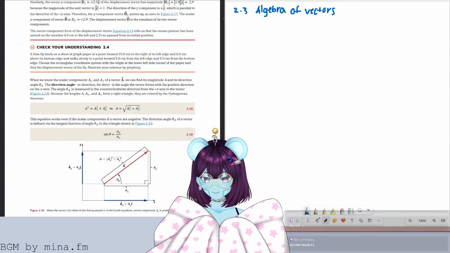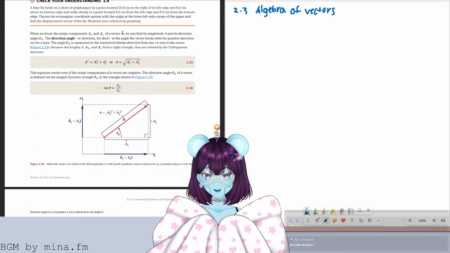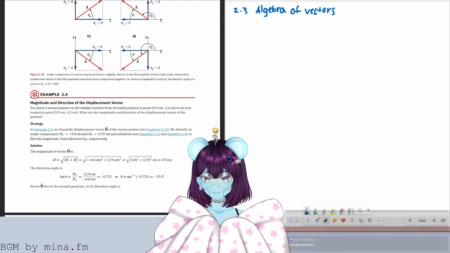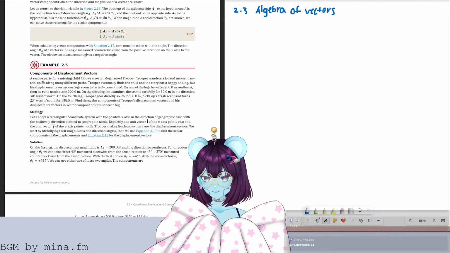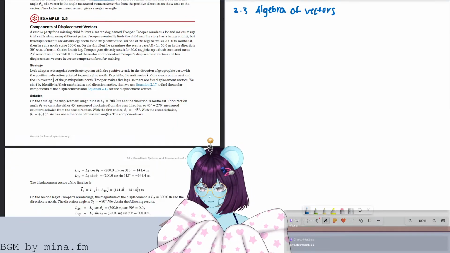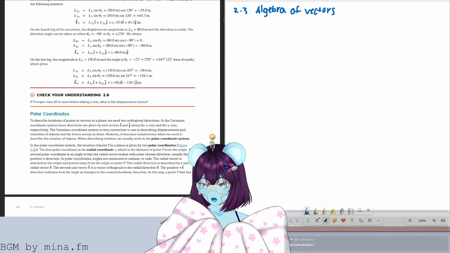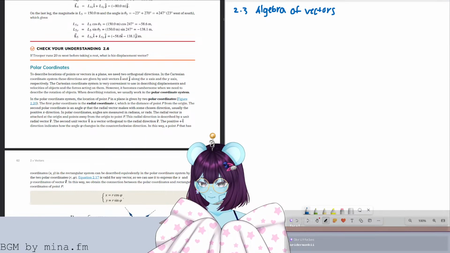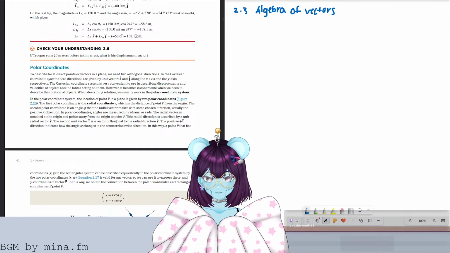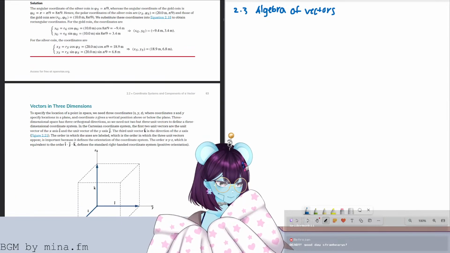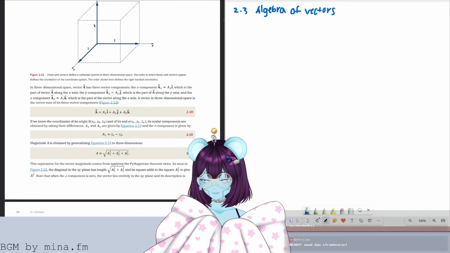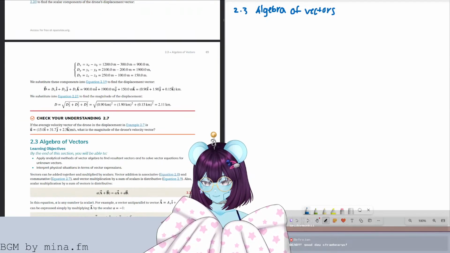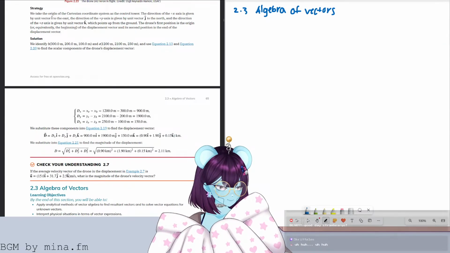And we learned about how you can use like geometry to find the length of the vectors with the sine and tangent and stuff like that. And then we learned about displacement and how you can translate a Cartesian plane into a polar coordinate system. Yeah, and we have 3-dimensional one. Could measure the displacement of a drone.